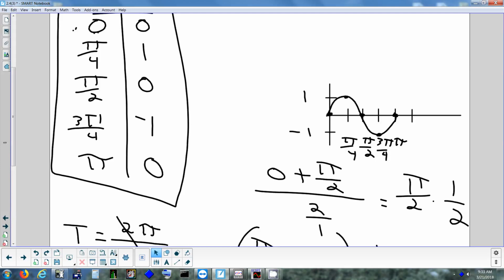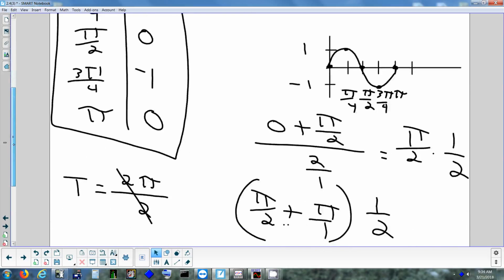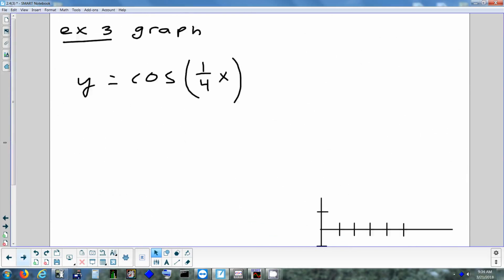Okay, as always, since we're changing our scale, the graph won't necessarily look squished because I've changed my labels. All right, so that's our first one. Let's look at this one. Cosine 1/4 x.